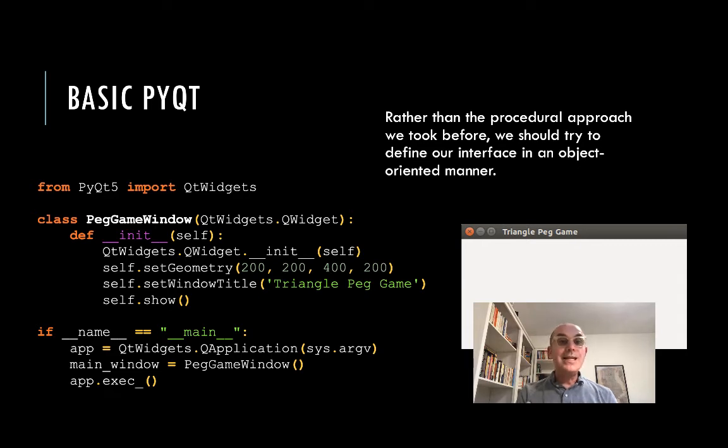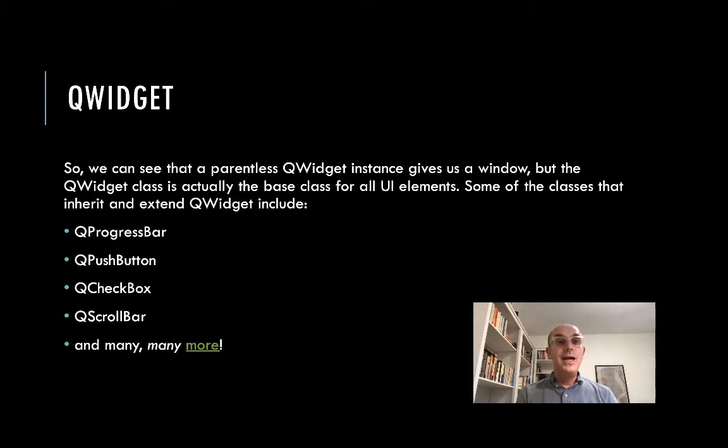So in this case, I am employing the QWidget, and I'm going to say class PegGameWindow. The QWidget is the idea that allows us to open windows and the ability to apply basic design elements into it, some inherited and extended.